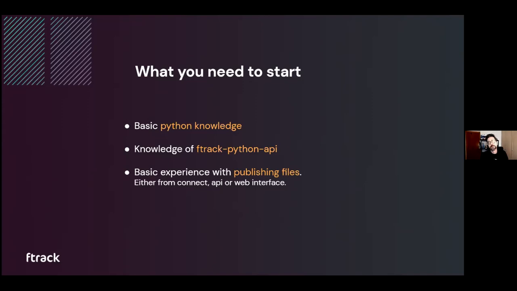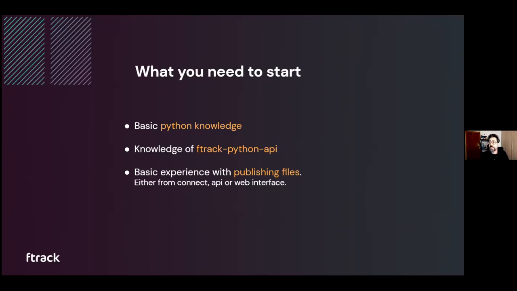And then, of course, if you have been participating in the other webinars of mine about Connect, you already have this bit of experience, which is about publishing files, but this might be coming from your daily work as well. Any kind of publishing is fine, as long as you are aware of what happens when you publish a file, from a bird's eye view, let's say.